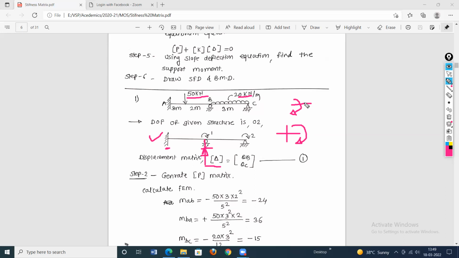Therefore, this horizontal degree of freedom need not be considered, because horizontal displacement is not possible. So we always consider one degree of freedom, that is the rotation.